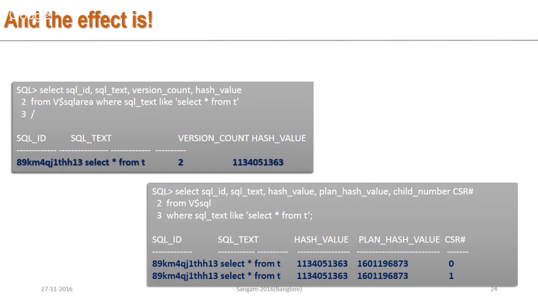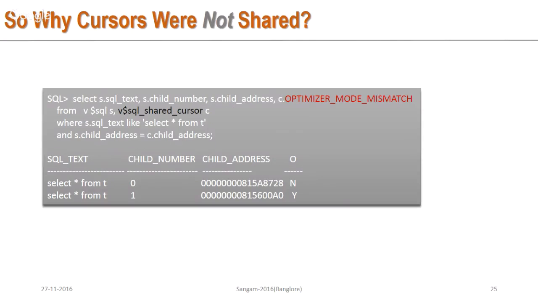Now, of course, we have to find out what exactly is the reason for this particular child cursor creation. As we mentioned already, this is what we can see from V$SQL_SHARED_CURSOR. Since it's a very controlled example, I already knew that this particular reason is the optimizer mode mismatch.